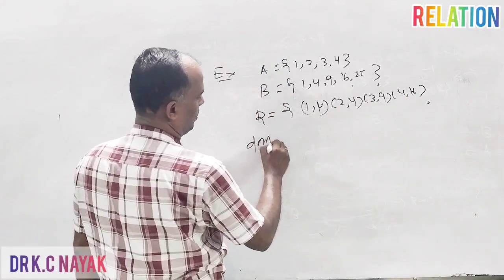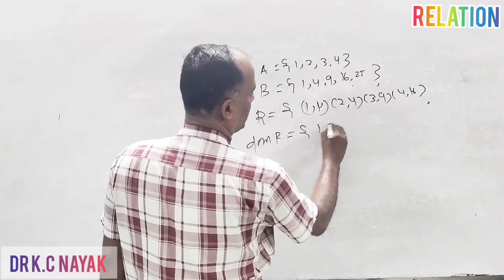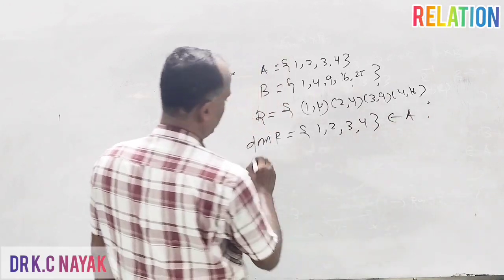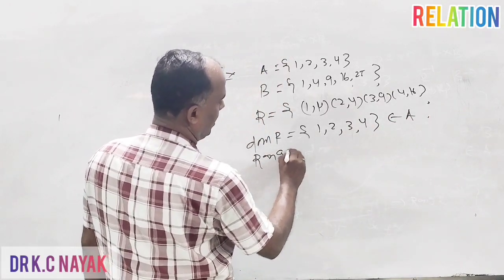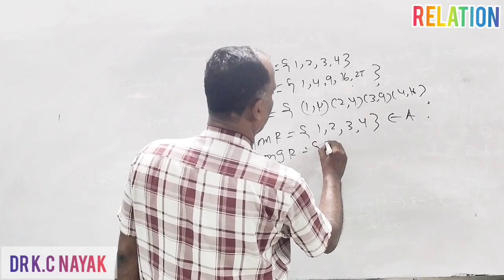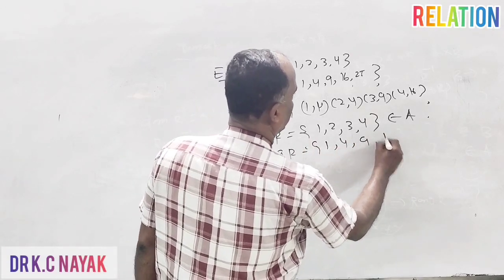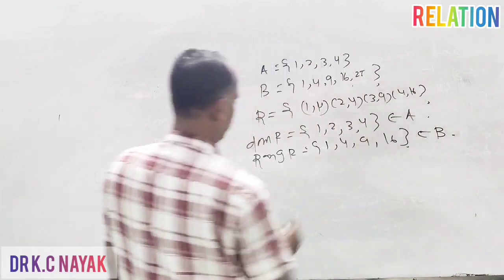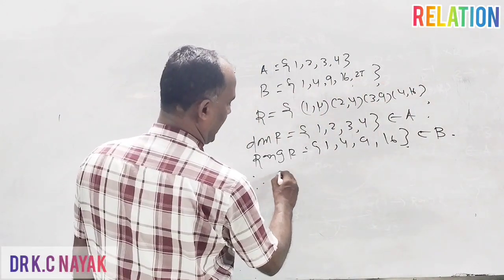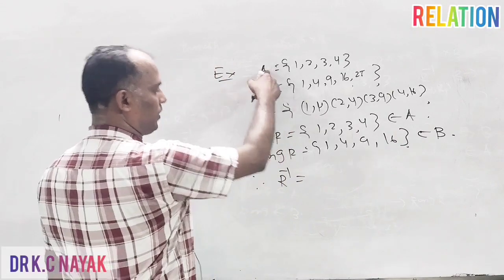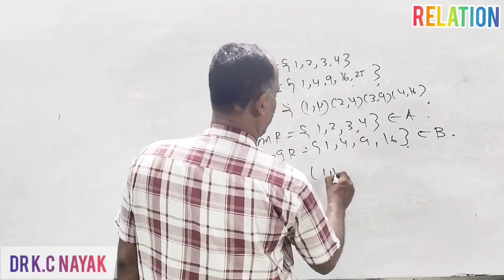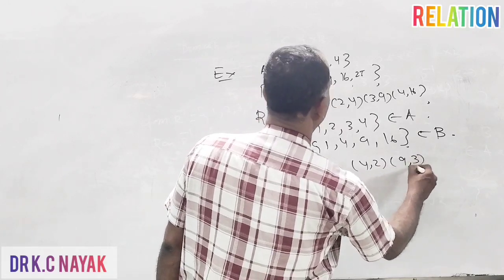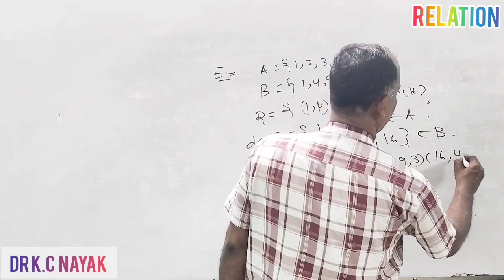Here the domain of the relation is {1, 2, 3, 4}, which belongs to set A. The range of the relation R is {1, 4, 9, 16}, which belongs to set B. Then we take R inverse from B to A. That means (1, 1), (4, 2), (9, 3) and (16, 4).